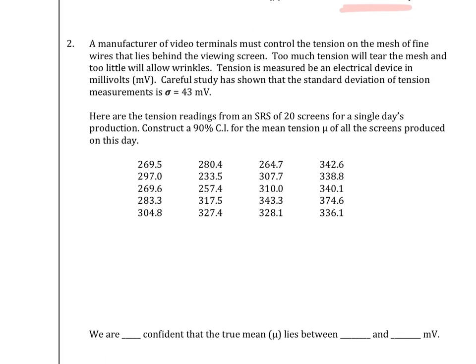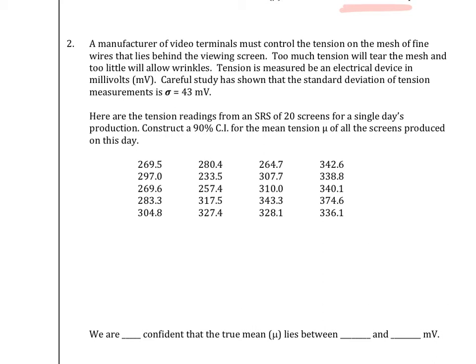Okay, and then in number 2, it says, a manufacturer of video terminals must control the tension of the mesh of the fine wires that lies between the viewing screen. Too much tension will tear the mesh, and too little will allow wrinkles. So tension is measured by an electrical device in millivolts.